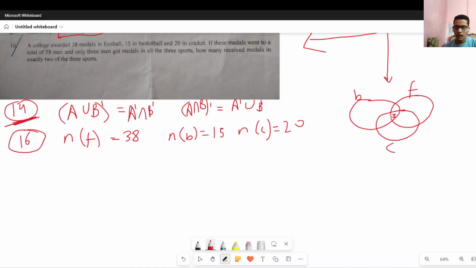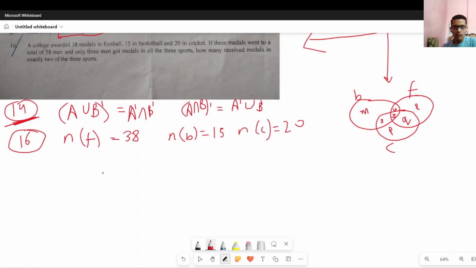So here will be 3, and then the total were 58. I will write here M. I'm going to label these areas M. Here will be N, O, P, Q, and R.